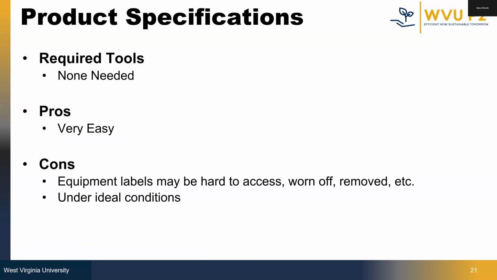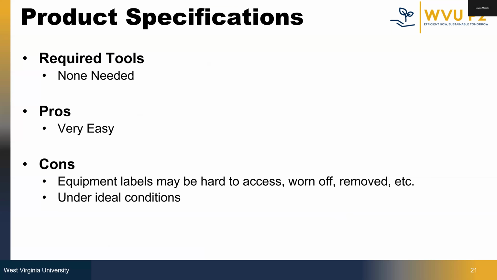So the nice thing about the product specification method is that there's just a simple calculation with no tools required. The thing to keep in mind, though, is that this is the rating from the factory when the equipment was new and operated under ideal conditions. So this doesn't consider aging and wear and tear to the system.